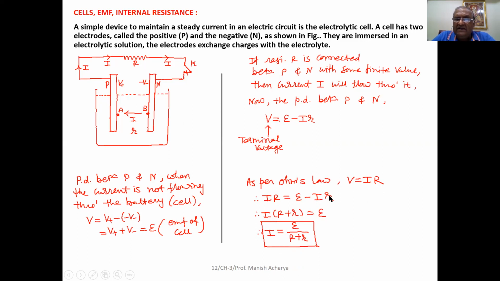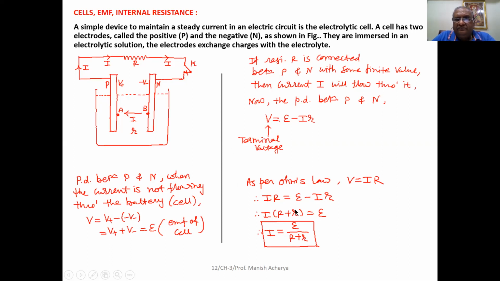If we take this I into small r on the left hand side and take I common, then we can write current I into capital R plus small r, that is equal to E. Therefore, I equal to E upon R plus r.